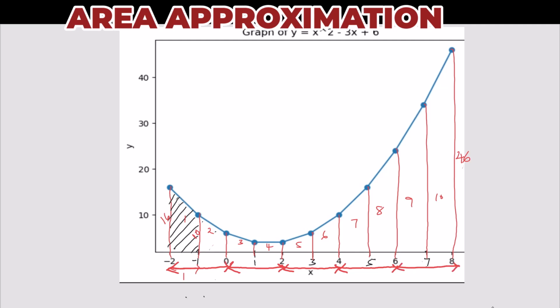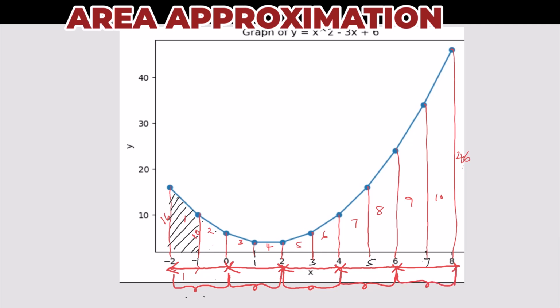So I have indicated the strips there. So that is one strip, then from here that is another strip. You can see the strips are becoming larger. Then that is another strip, that is another strip, that is another strip.